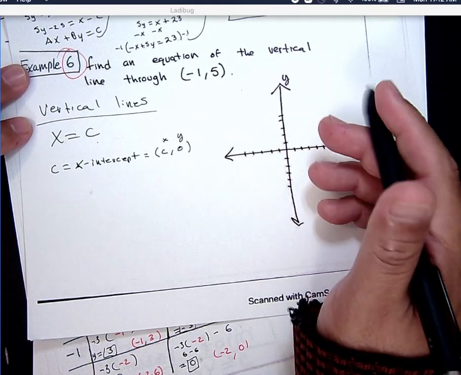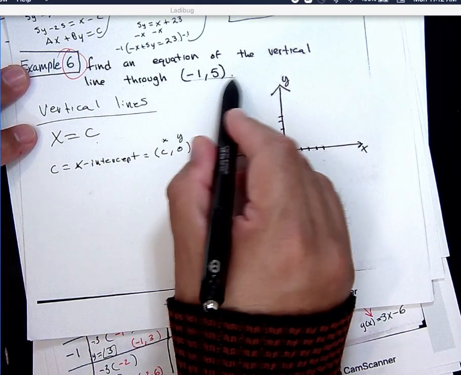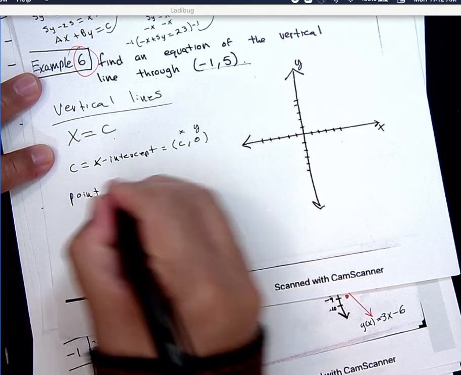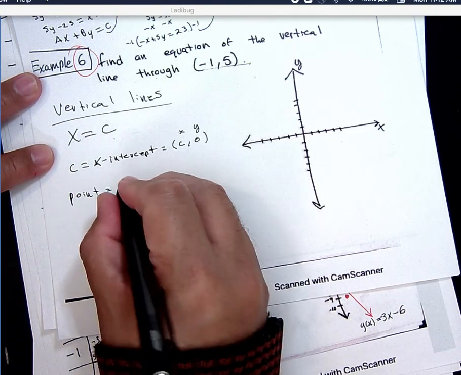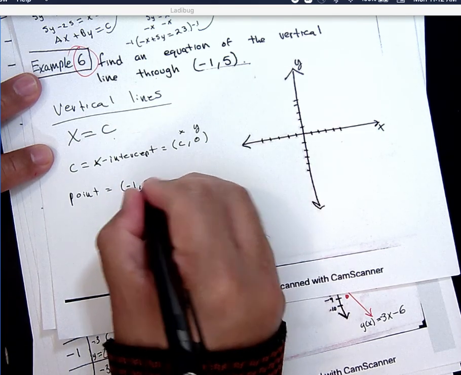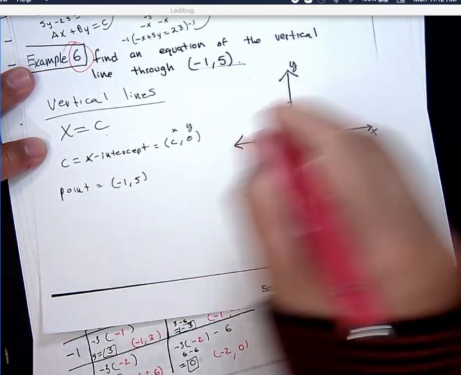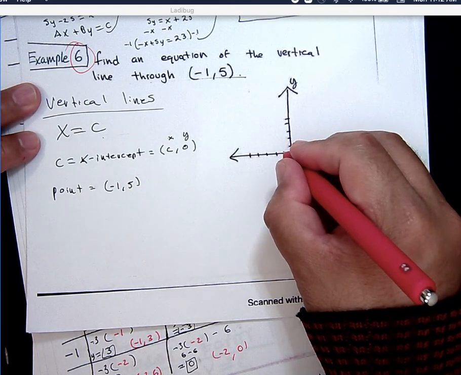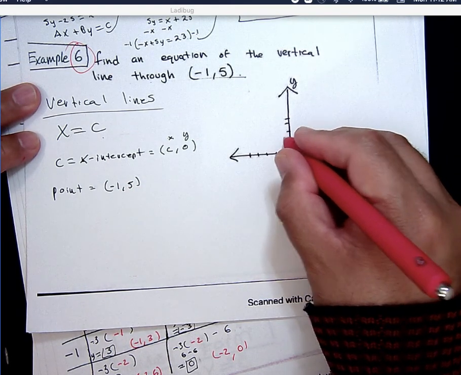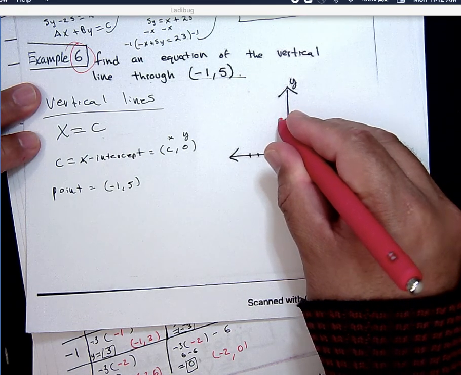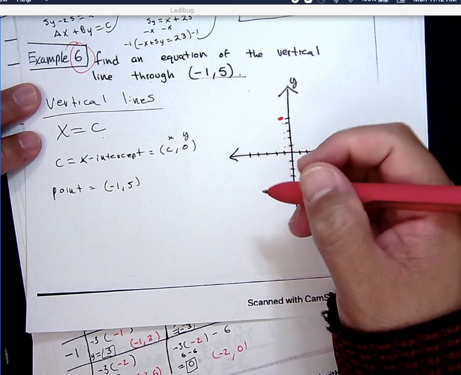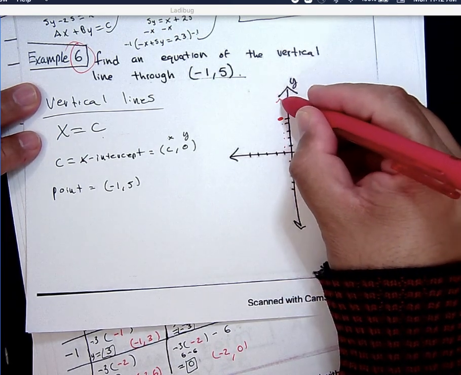Now graphically, how do they look? Well, they're giving us a point here. What's the point that's on the line? Negative 1, 5. So let's look for these points. So it's negative 1 on this side, positive 5, 1, 2, 3, 4, 5. So right there. If it's a vertical line, that means the line has to go like this.